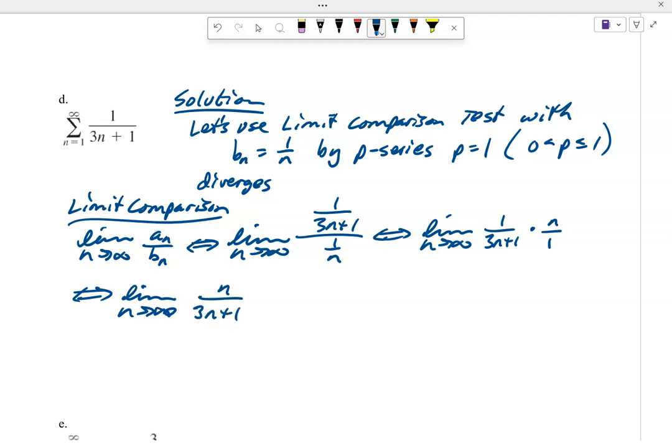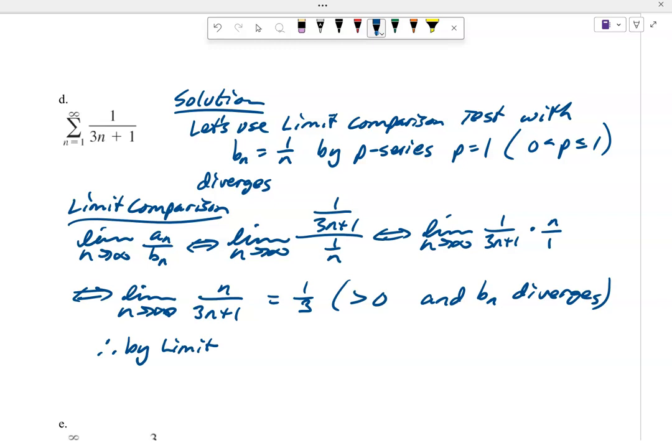And then we divide everybody by n, and we get 1/3. Well, if it's positive and Bn diverges, then we know by the limit comparison test that An will also diverge, sorry.